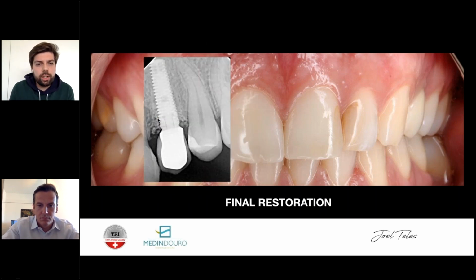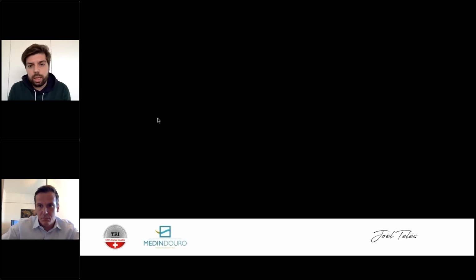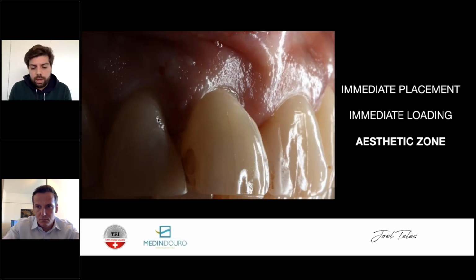This is the X-ray of the post-extraction case, and this is 2.5 years post-op, and you can see how thick the buccal bone is at the moment. That leads to stable tissue, therefore we have stable bone, and we have this type of condition on this implant in what I found to be a tricky case due to that big infection you just saw.